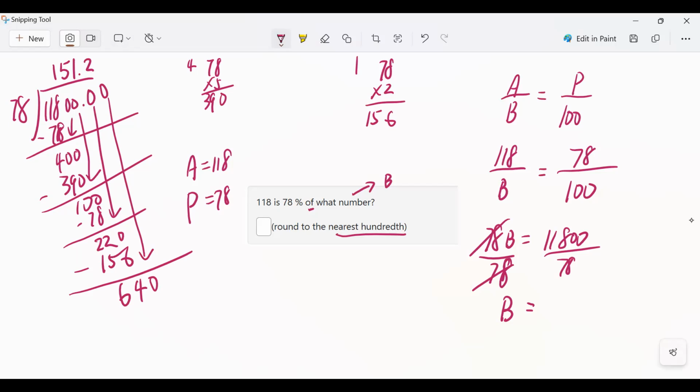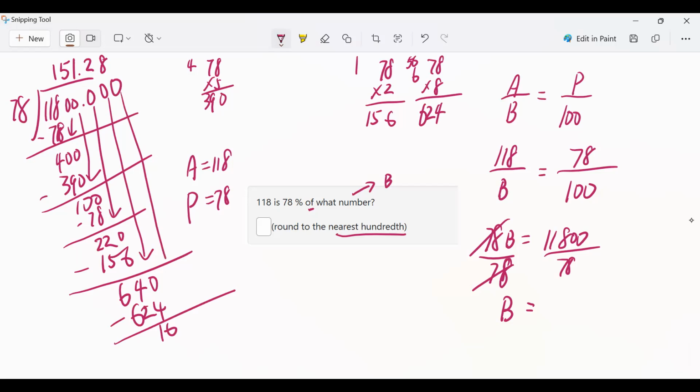Let me see how many times. 8 times, right? 8 times 8 is 64. 8 times 7, 56, plus 6, 62, 624. Okay, and then subtract, you get 16.